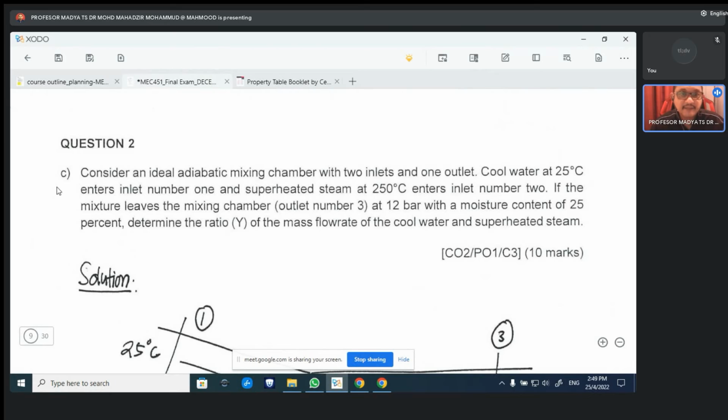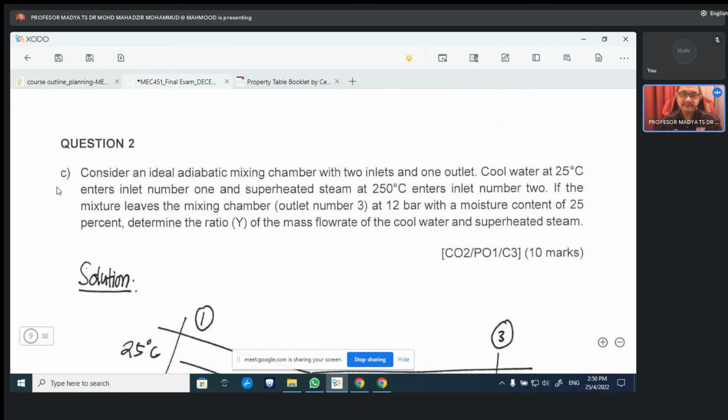Consider an ideal adiabatic mixing chamber. So this chamber is adiabatic, that means heat Q is 0, with 2 inlets and 1 outlet. Cool water at 25 Celsius enters inlet number 1 and superheated steam at 250 Celsius enters inlet number 2.